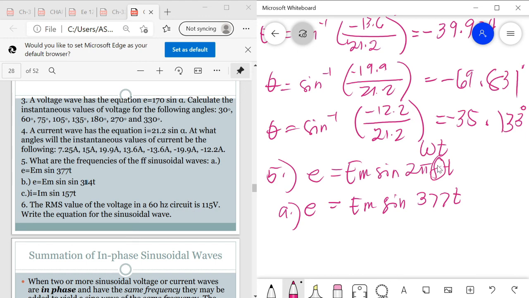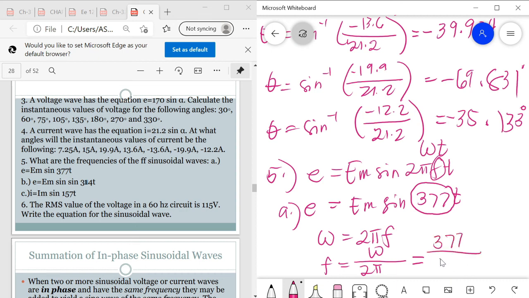So, the value of our frequency, since this is our omega, which is 2 pi f, our frequency is equal to omega divided by 2 pi. So, 377 divided by 2 pi. That is the value of your frequency: 60 Hertz.